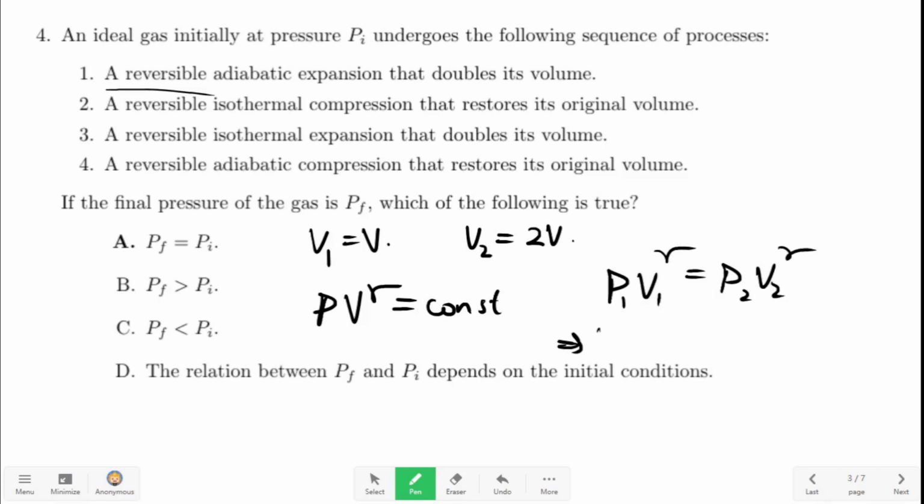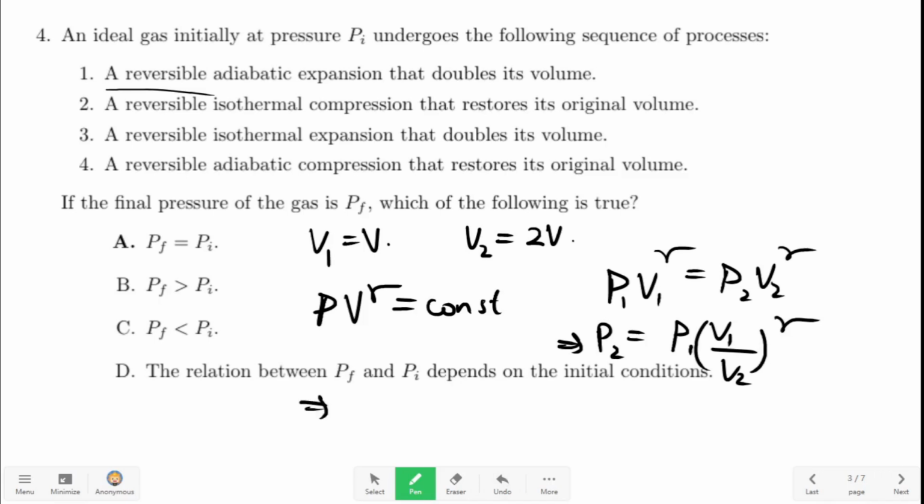From here, we have P2 is equal to P1 times (V1 divided by V2) raised to gamma.